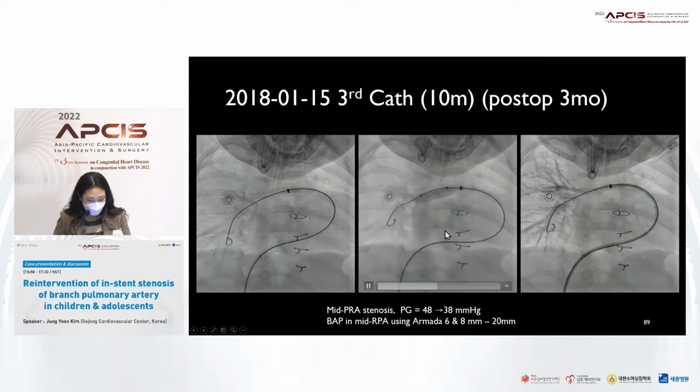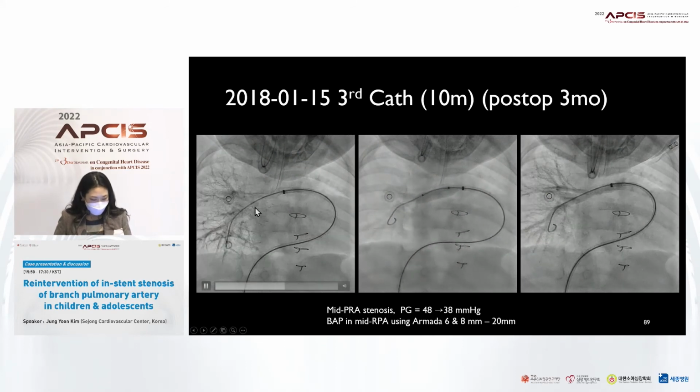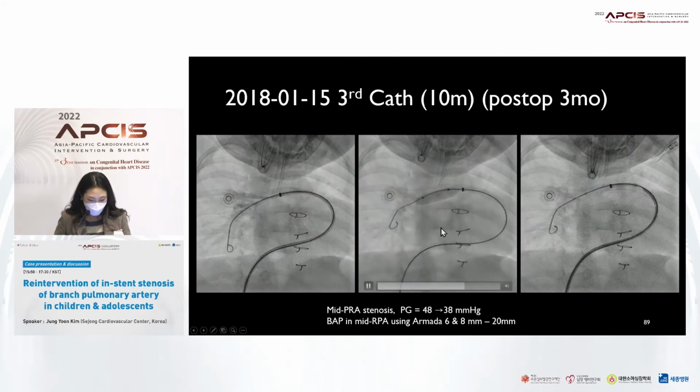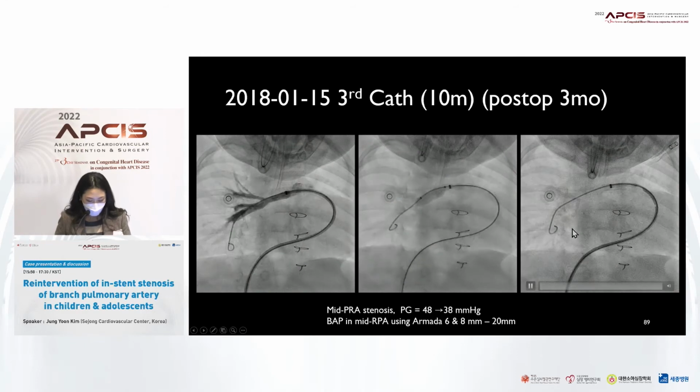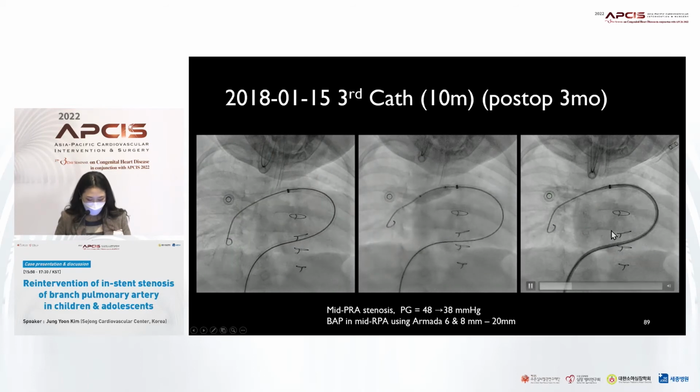3 months after the second operation, a third cath was performed. Selective RPA angiogram shows mid-RPA stenosis with a pressure gradient of 48 millimeter mercury, and we did BAP in mid-RPA using 6 and 8 millimeter balloons, but it was not so effective.